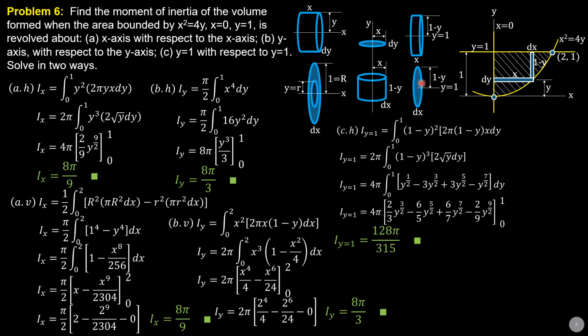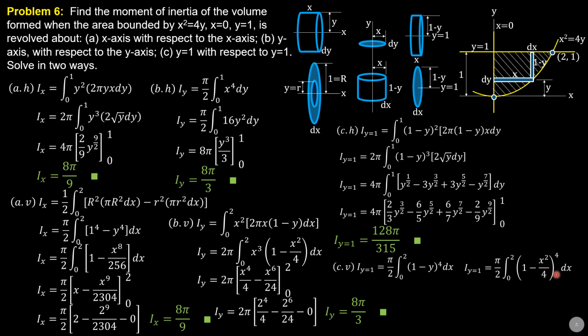Then for this here, the shortcut is 1/4 integral of radius to the fourth, pi over 2 rather, integral of 1 minus y to the fourth dx from 0 to 2. And since again we run out of space, it's up to you to expand after we replace y in terms of x, which is x squared over 4. So pi over 2 integral 0 to 2 of quantity 1 minus x squared over 4 to the fourth dx.